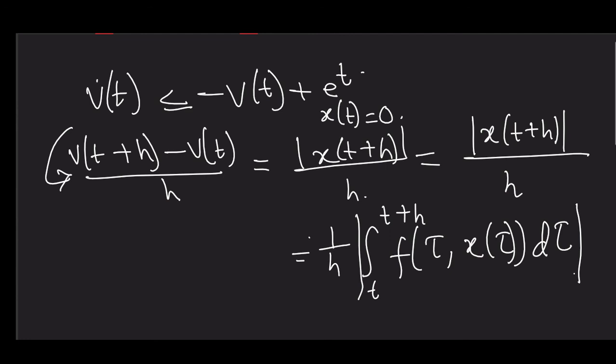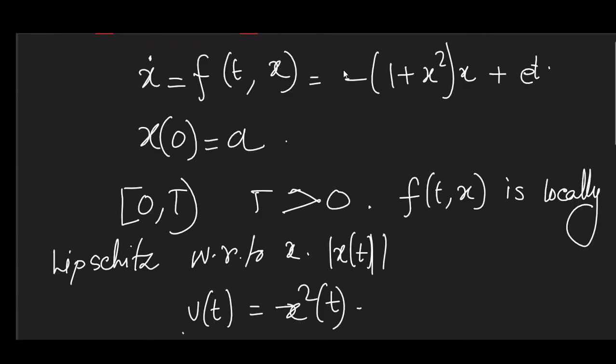So this will result in what? This will result in, because we know that this is x dot. If you are not able to get this step, you can follow it from here only.